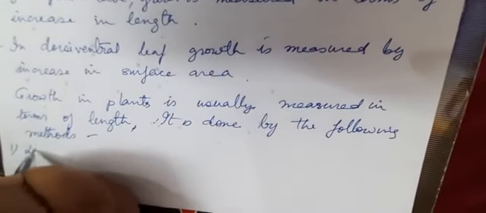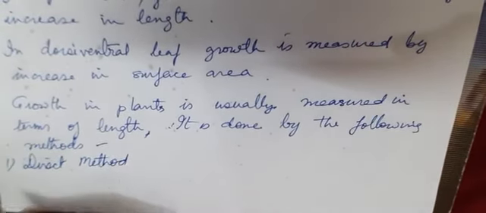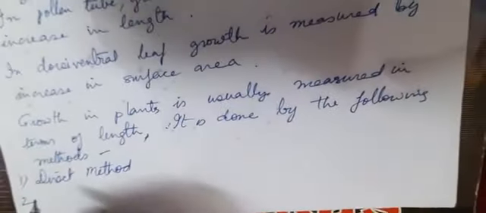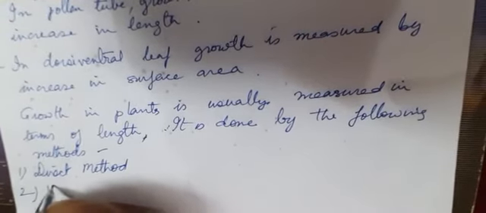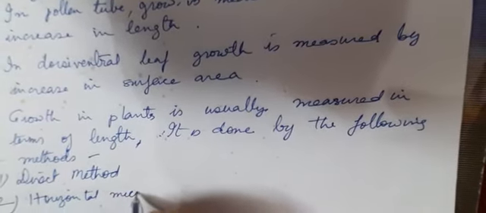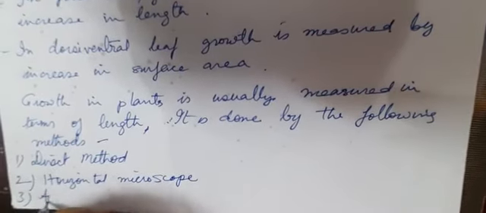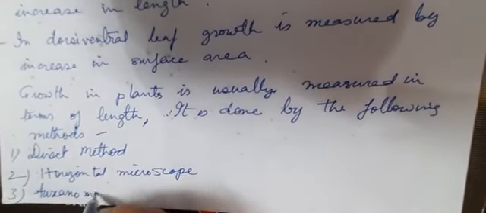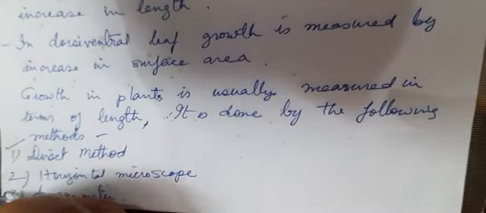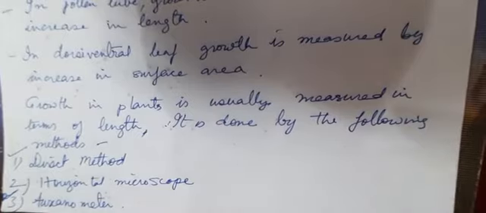One is the direct method. Other is the horizontal microscope method, and the third one is by auxanometer. So these two are there in our syllabus, that is the direct method and the auxanometer.